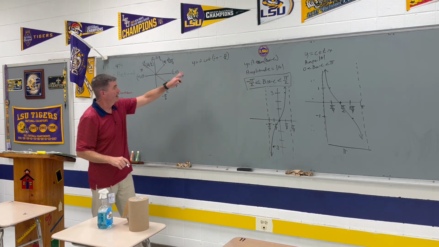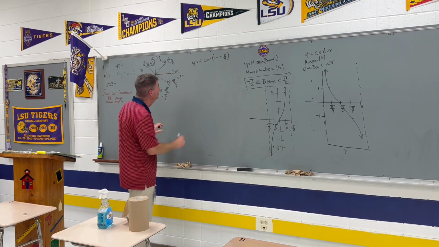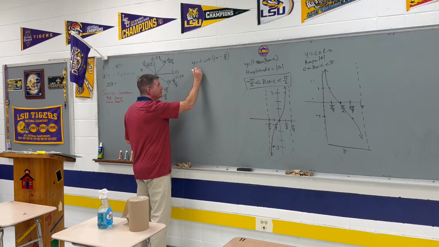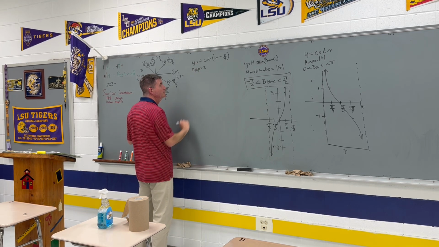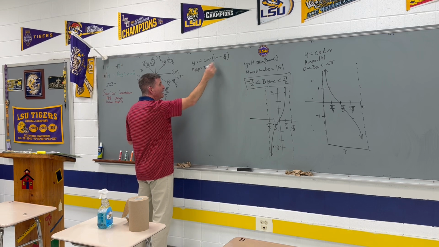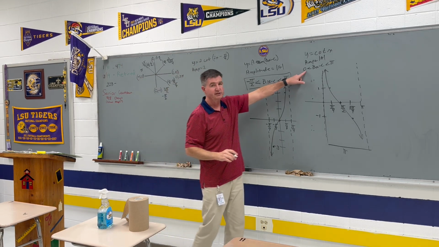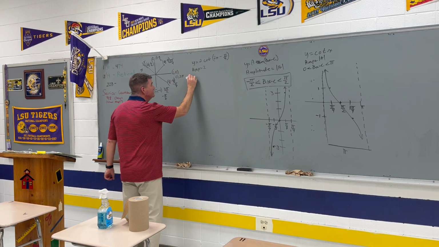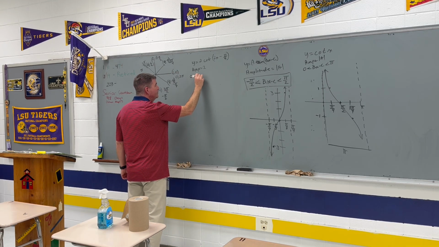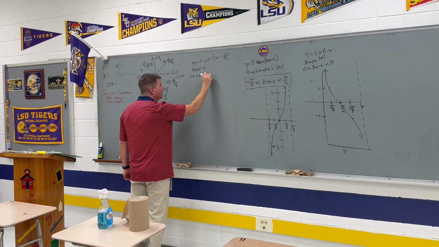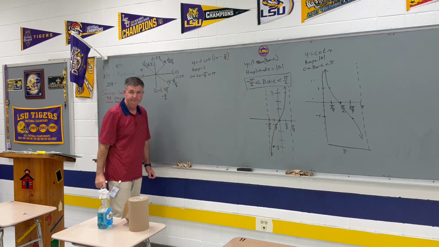In this case, that's about all the things we can have. We've got our amplitude, which is 2. We have our asymptotes, again, cotangent, so we're using this one, which is 0 is less than 2x minus pi over 4, which is less than pi.